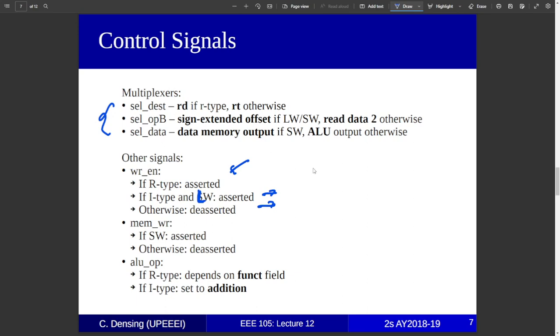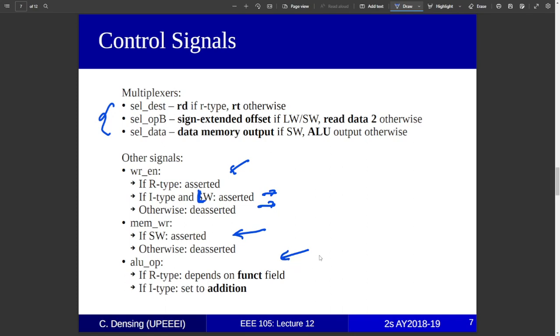If it's an R-type instruction, which is add or sub, and we want to write something into the destination register, then it's asserted. If it's a load word instruction, we also assert it, but otherwise we deassert it. The only otherwise case here would be store word. Now, if it's a store word instruction, we assert MemWrite, which allows us to write into the data memory, but otherwise it's deasserted.